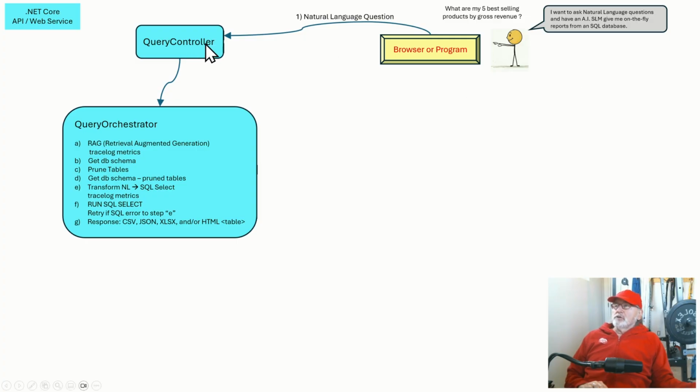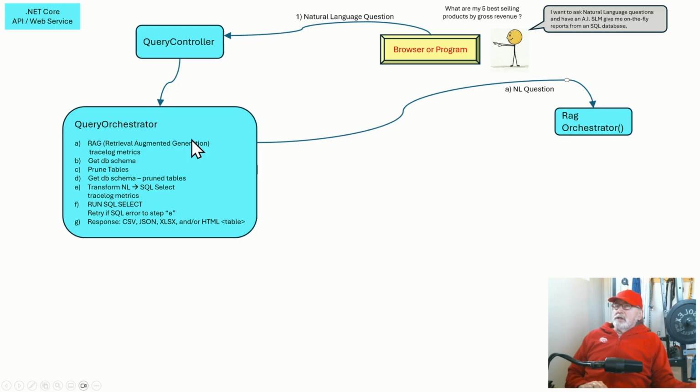So this query controller, this is an endpoint on the public internet or on your internal private intranet. And it passes that natural language question down here to the query orchestrator. This is going to orchestrate everything that happens. He's kind of like the traffic cop that calls all the functions chronologically.